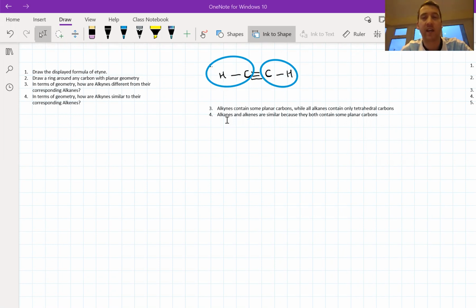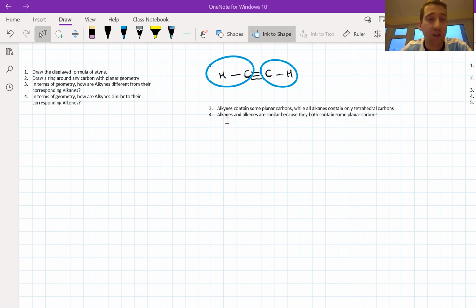Whereas the alkanes contain only tetrahedral carbons. It doesn't matter how long you make this chain. If it's an alkane, it will have all tetrahedral carbons. Every carbon will be attached to 4 other atoms. You could make a chain that's 40 of these long, a big long alkane, but all of the carbons will be tetrahedral in an alkane. That's the difference. Whereas an alkyne will always have some carbon triple bonded to another carbon, so we'll have some planar carbons.